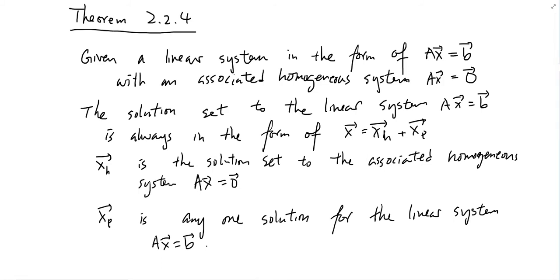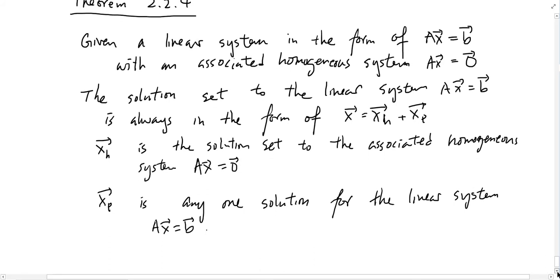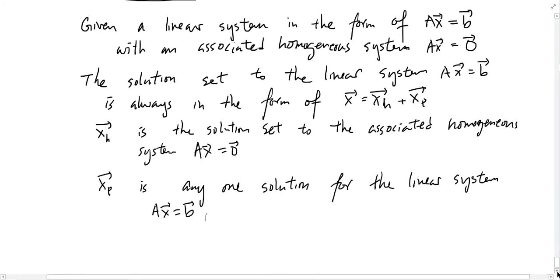So here's the interesting thing: vector x sub h is the homogeneous solution, which you kind of have to solve for. But vector x sub p can be just any one solution that you can come up with. You don't need to know every single one of them, just one solution. And you can then use that along with the homogeneous solution to come up with the entire solution set. And if you think about it, that makes sense because remember, the solution set of a linear system, if it indeed has infinite solutions, is a k-plane, but more importantly, in parametric representation.